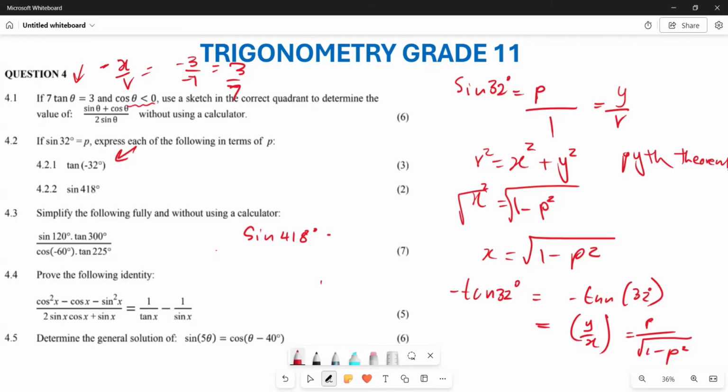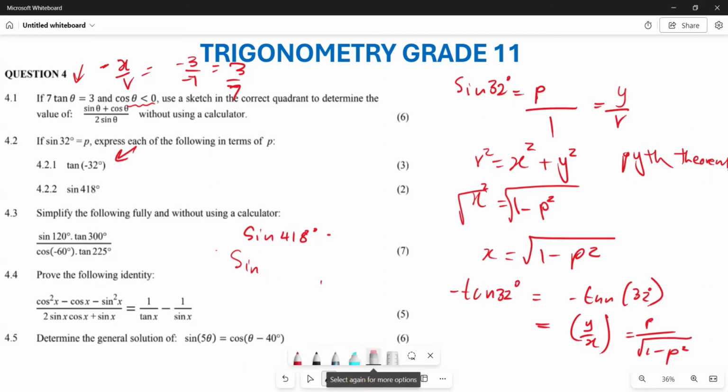When you say, for example, 418, let's say this is the same as sine of 418 degrees, right? Or rather, let's not say that.